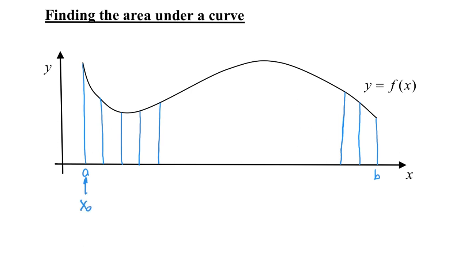So A is x sub 0, and B we're going to call x sub n. Then this first little spot here is going to be x sub 1, and that will be x sub 2, x sub 3, x sub 4. Then over here we'll have this one would be x sub n minus 1. And that's about as far as we need to go.